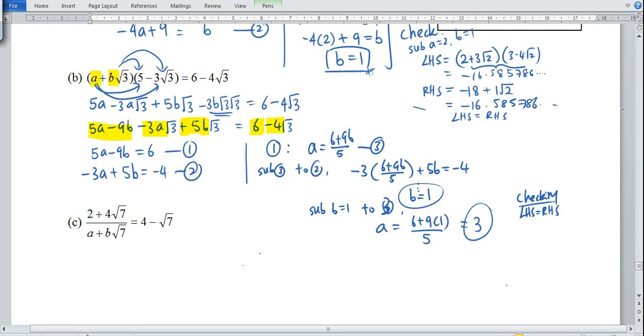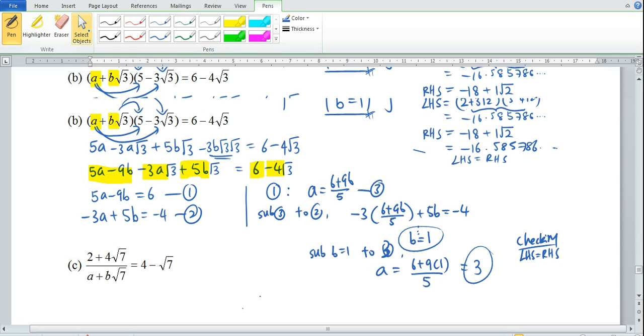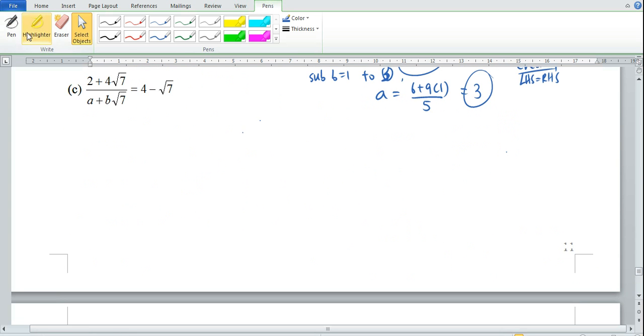Now the next question looks a little different from what we have, right? In this case there are no brackets. However, it is still about finding A and B. But the issue here is that my A and B seem to be in the denominator.